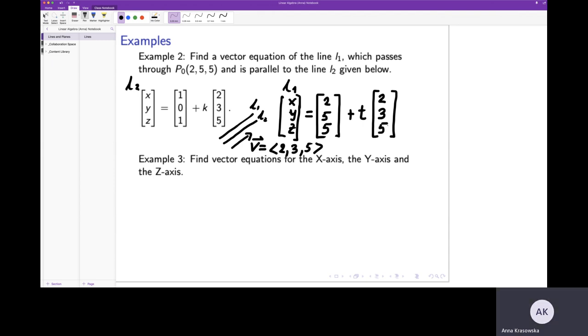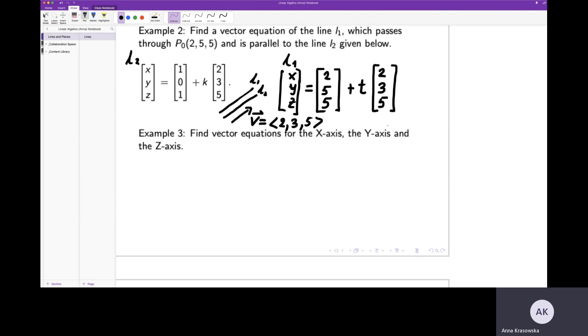In the next example, we will discuss equations for the x-axis, y-axis, and z-axis. Think of those axes as lines, so we can write a vector equation for them. And so let's write x-axis, y-axis, and the z-axis.